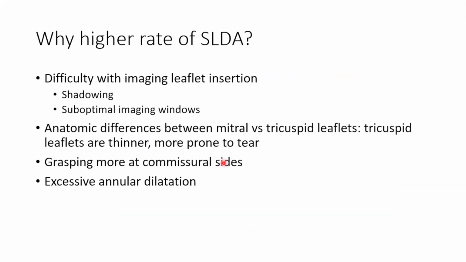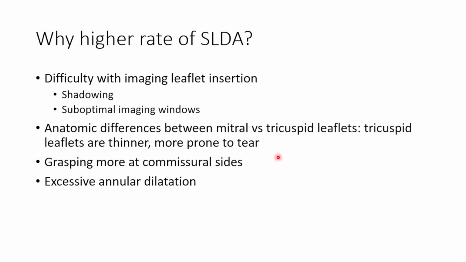We don't see the leaflets as well when we try to grasp during intraprocedural imaging because they're shadowed by either a prosthesis of the aortic valve, by mitral annular or aortic calcium, or by hypertrophy of the interatrial septum. And sometimes they just have very poor views of the tricuspid, and so you don't get that good initial grasp during the procedure. There are some anatomic differences as well.